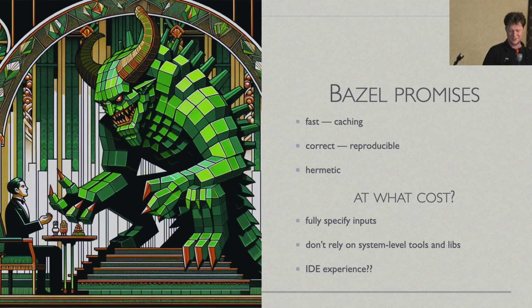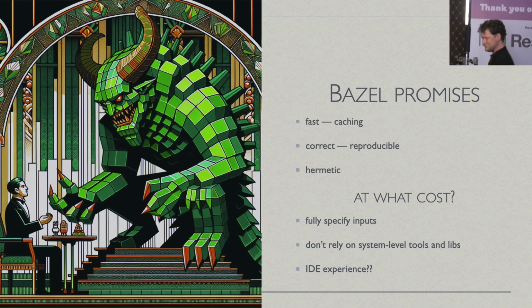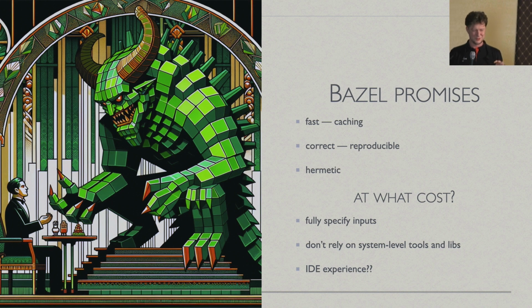The cost of this is, of course, you have to pay if you make a deal with the devil. You have to fully specify all your inputs, not just the source files and their exact versions, but also timestamps, environment variables, I don't know what else. Bazel is generally built to respect all these, and if you change one of them, it might cause a complete rebuild. So you have to watch out a lot.